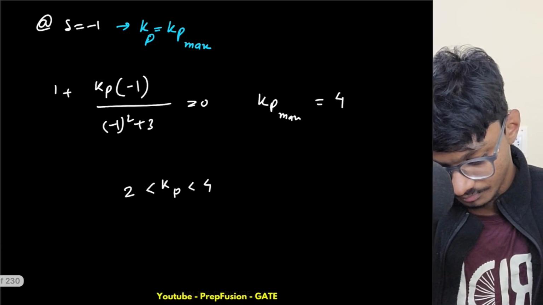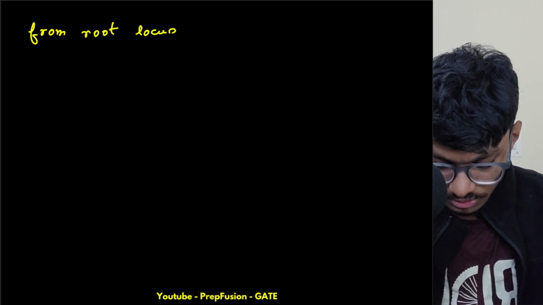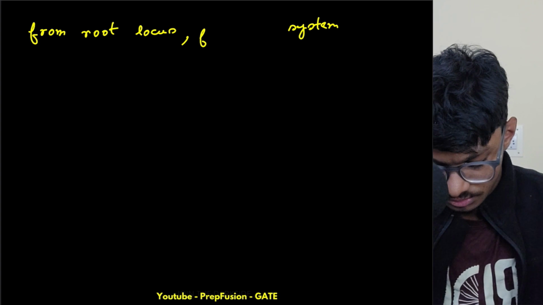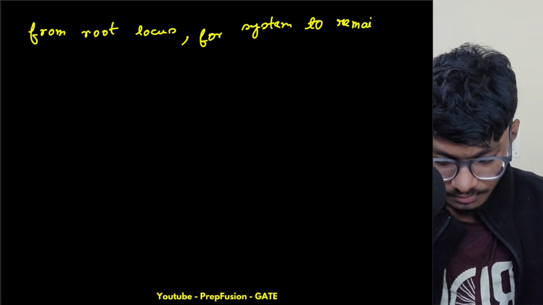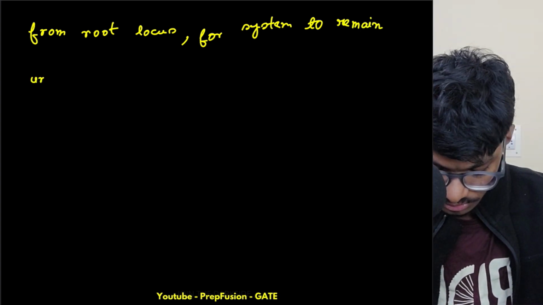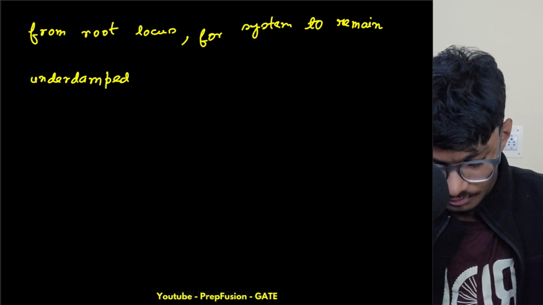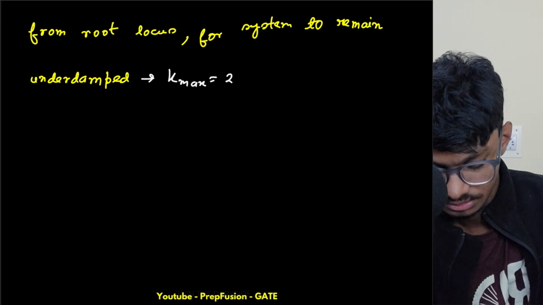So from the root locus I can say that for the system to remain underdamped, K max can be 2 root 3.